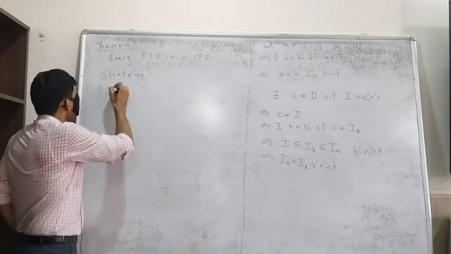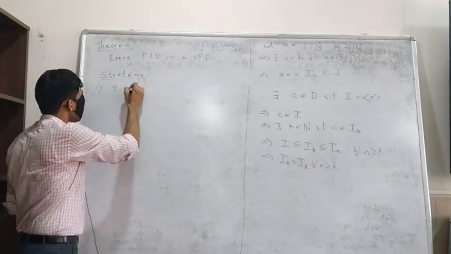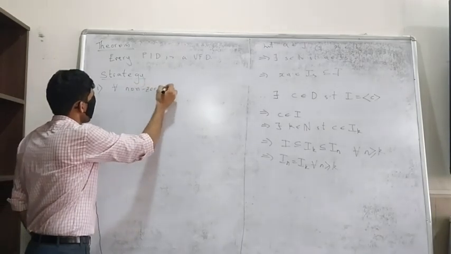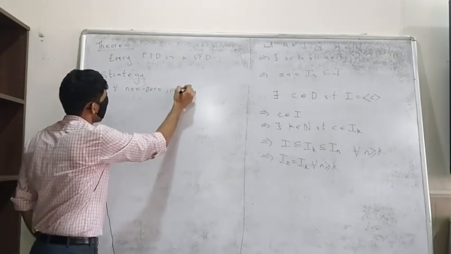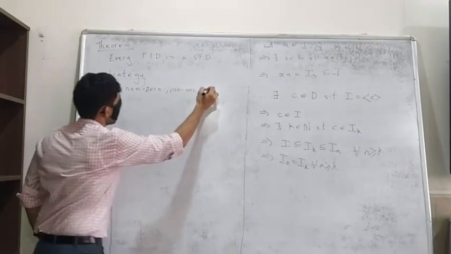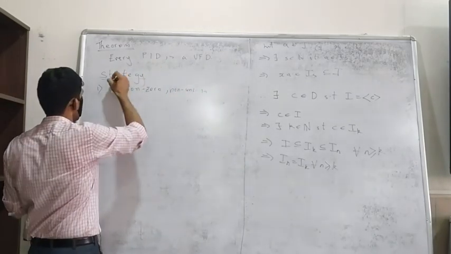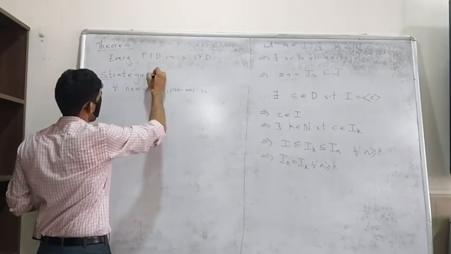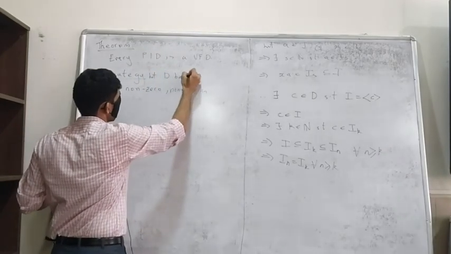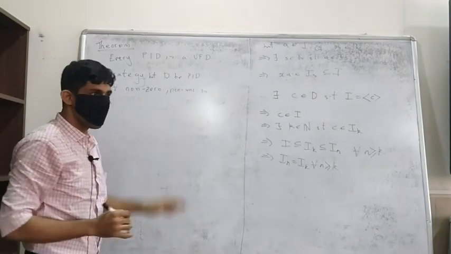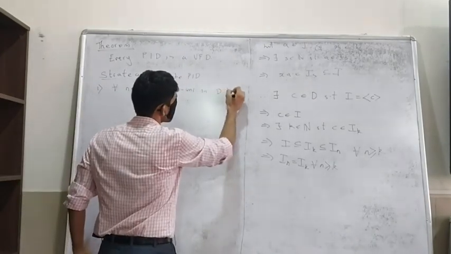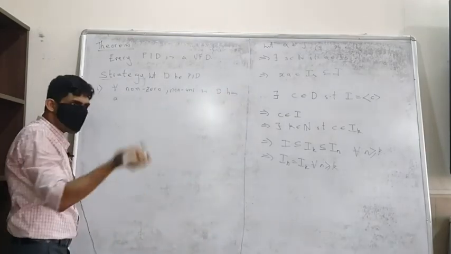First we will show that for every non-zero non-unit in D, let D be a PID. If D is a PID, I'm going to show that every non-zero non-unit in D has a prime divisor.